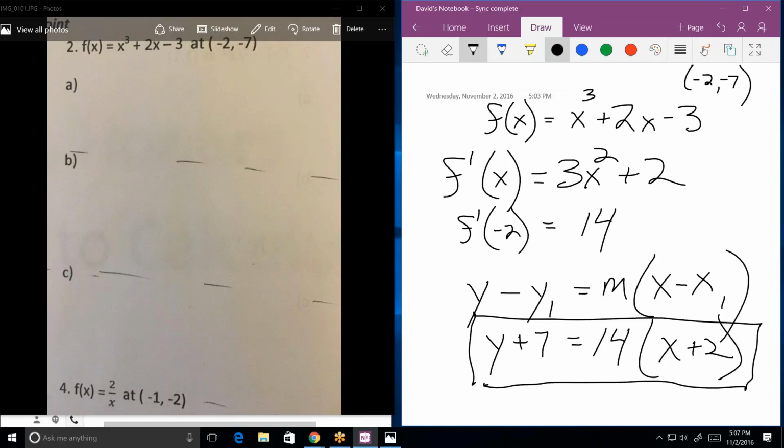Unless it's specifically asked for in slope-intercept, you are permitted to give it in point-slope format, which, as you'll see, was a one-step process. In other words, once I figured out what the slope was, now it's just a question of plugging that in for m and these 2 points in for x1 and y1.